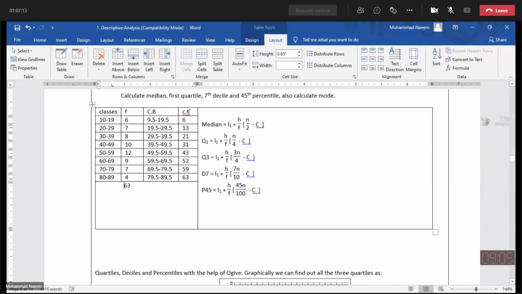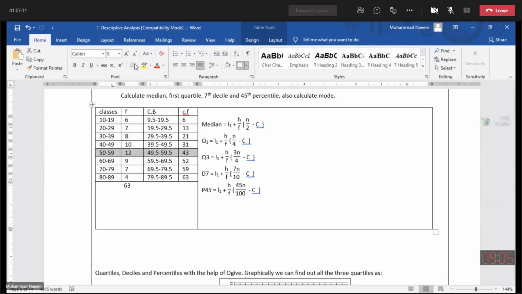So look at this column of cumulative frequency where 32 values are cumulated.